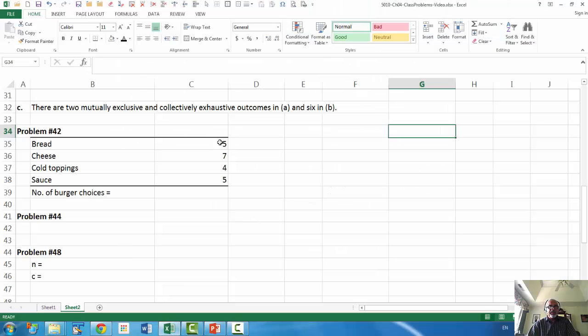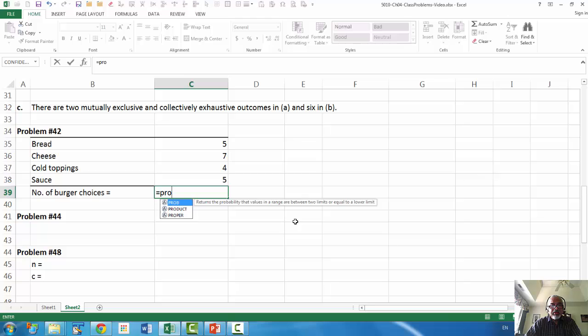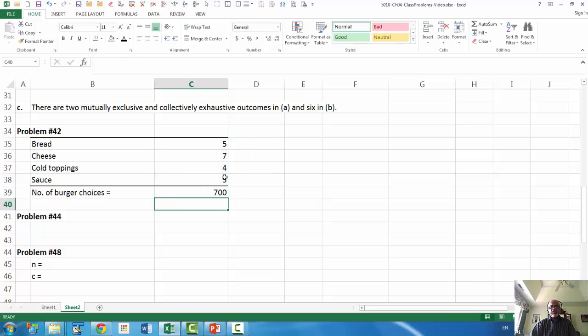So here are the choices in each category: k sub 1, k sub 2, k sub 3, k sub 4. So the number of possibilities is the product of all of them. We can use the Excel function product and the range, so that will multiply all those different numbers and you get the total number of choices.